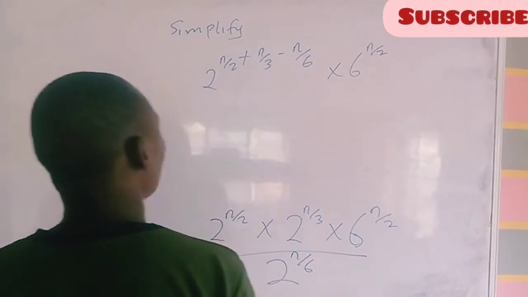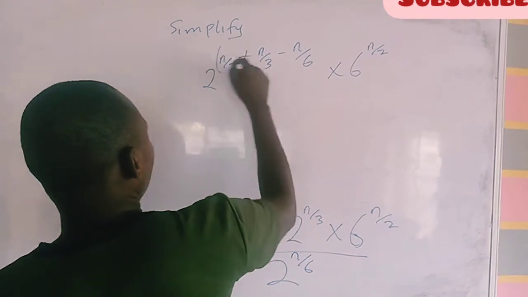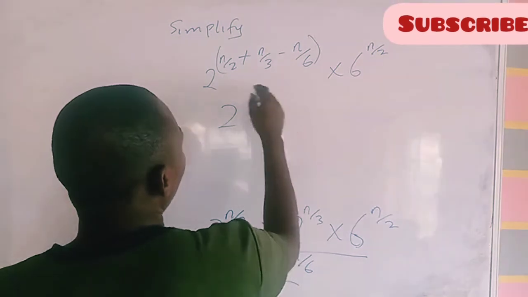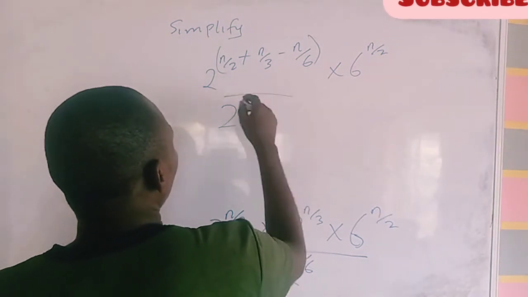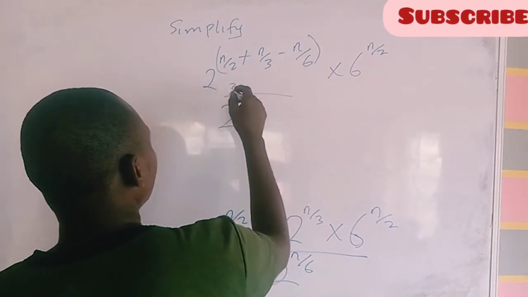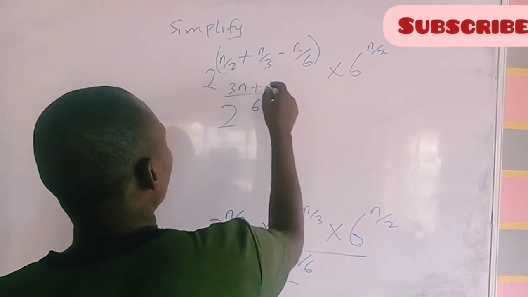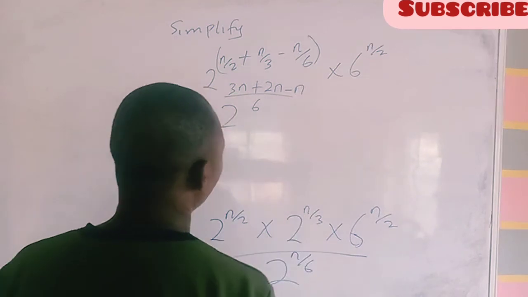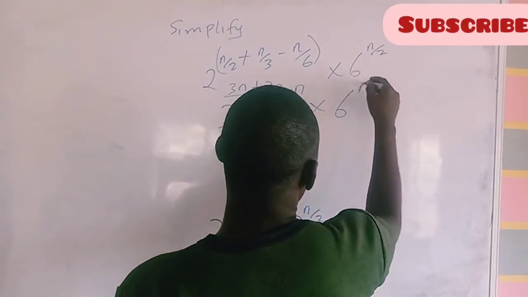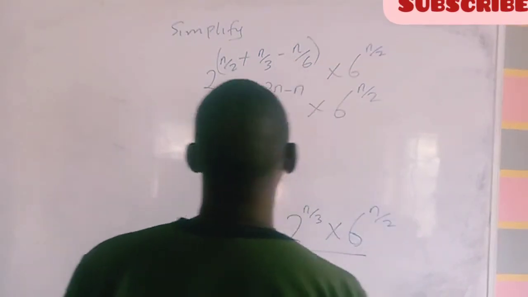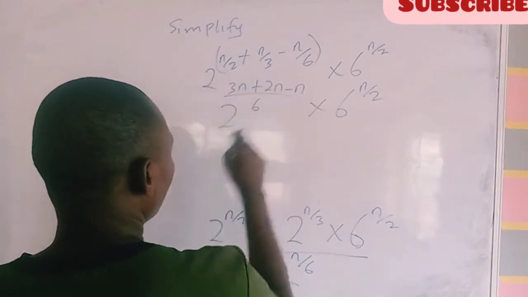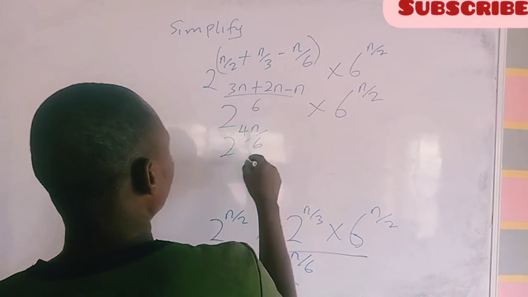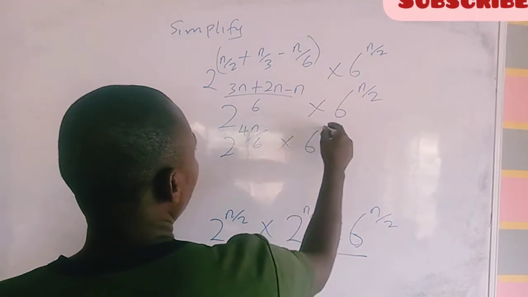So we are going to look for the LCM at the top here. So 2 raised to power, LCM is 6, we have 3n plus 2n minus n, then times 6 raised to power n over 2. So we have 5n minus n, that means 4n. So 2 raised to power 4n over 6 times 6 raised to power n over 2.